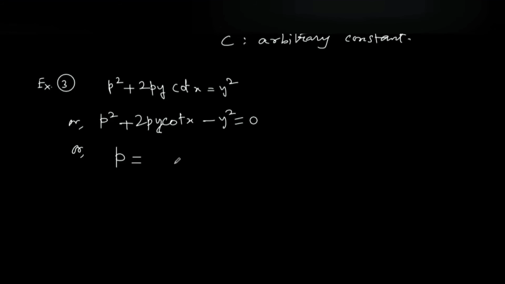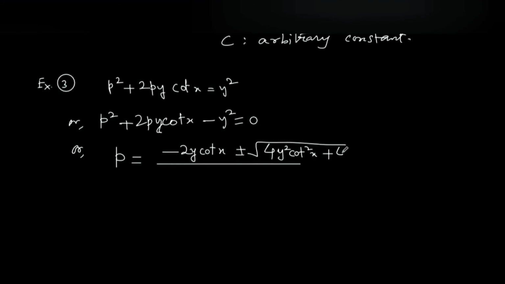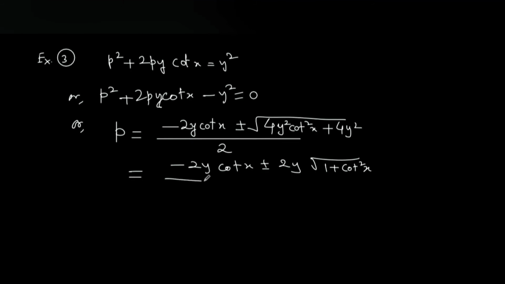Therefore p is negative 2y cot x plus minus root over the square of this, so 4y square cot square x plus 4y square, upon 2. So that means 2y cot x plus minus 2y root over 1 plus cot square x upon 2.